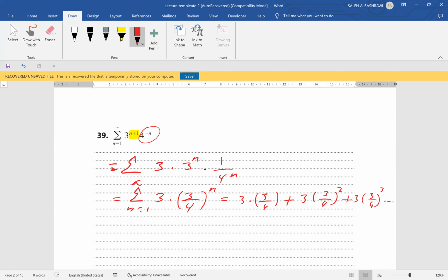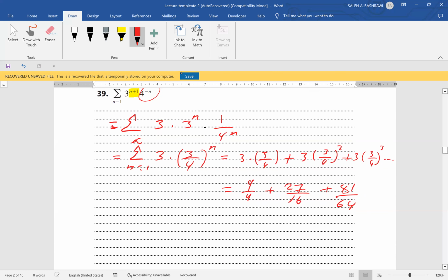So we can consider this as 9 over 4 plus 27 over 16 plus 81 over 64.